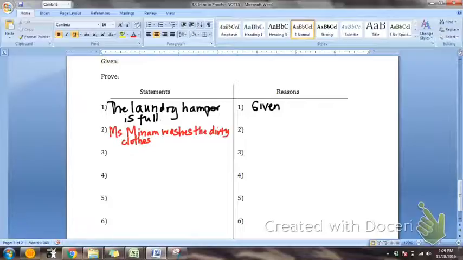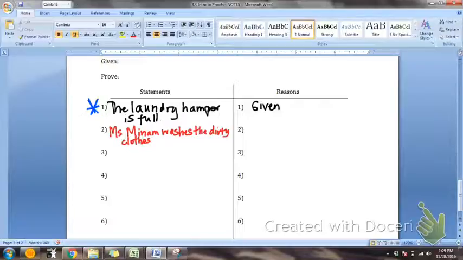All right, so what Samantha's saying is we already knew, look up here, that number 1 was true, right? I already knew that the laundry hamper was full. And so if I know that the laundry hamper is full, then I wash the dirty clothes. So that's going to be our reason number 2.